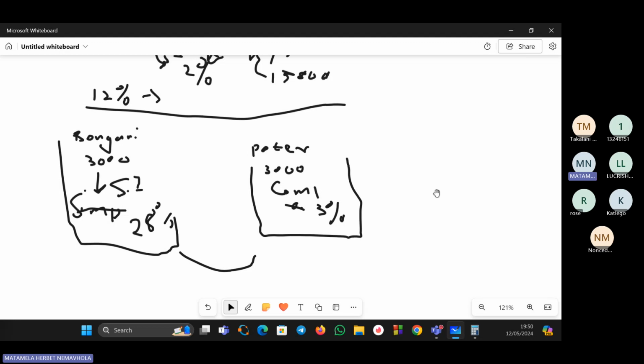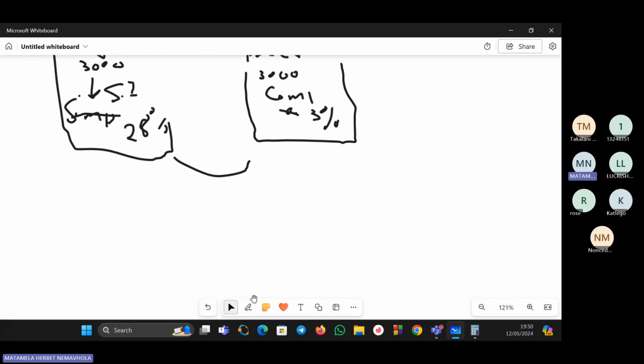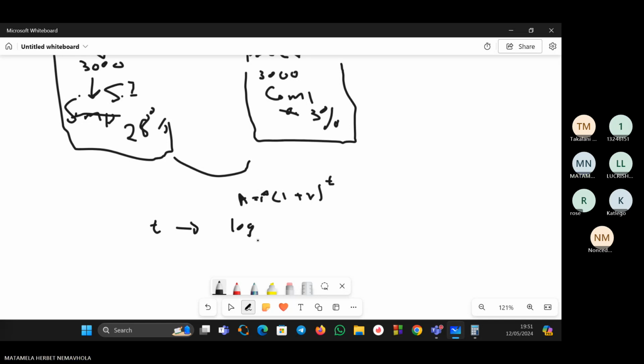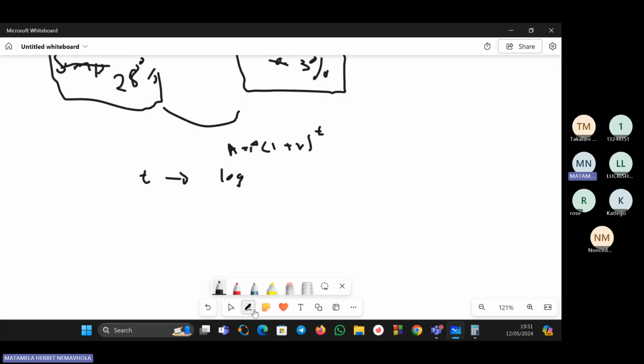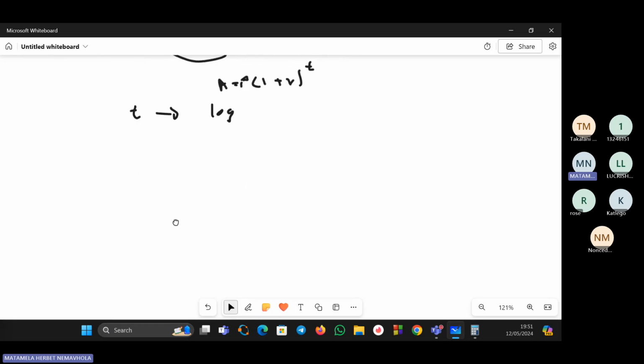Secondly, the other thing that you must remember, I forgot, is in terms of compound interest. In compound interest, normally they like to ask you to calculate the number of years. You are given A equals P, the way I've written it before, 1 plus R to the power T. You are going to be asked to calculate T. When we calculate T, don't get confused when we're just using these letters of the formula.